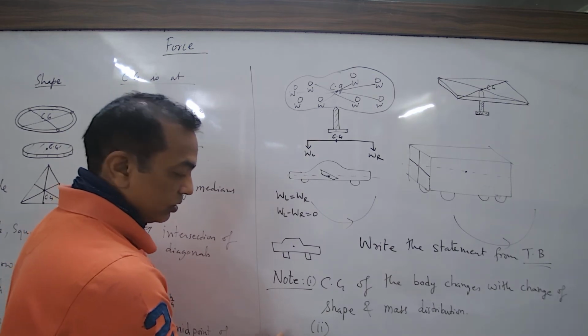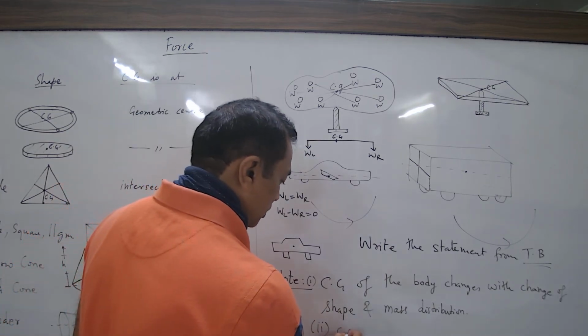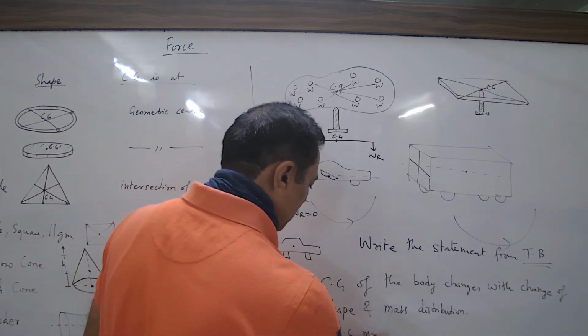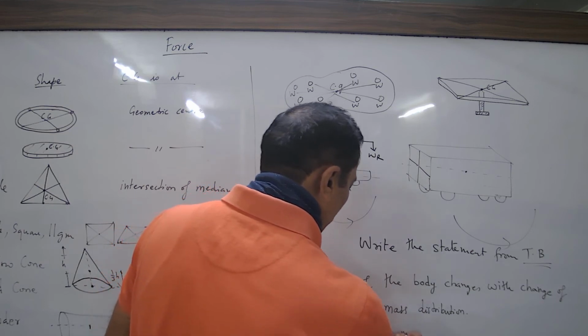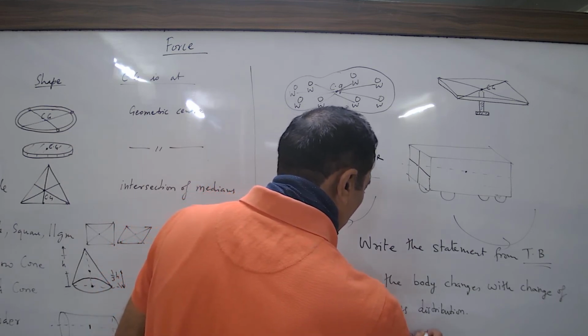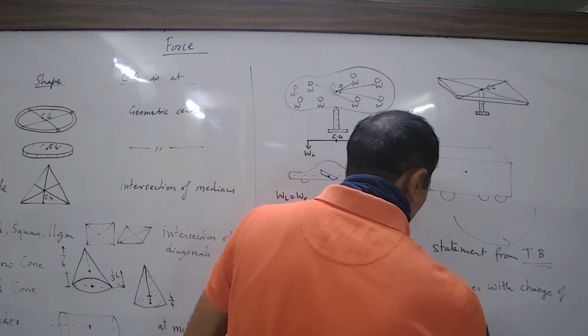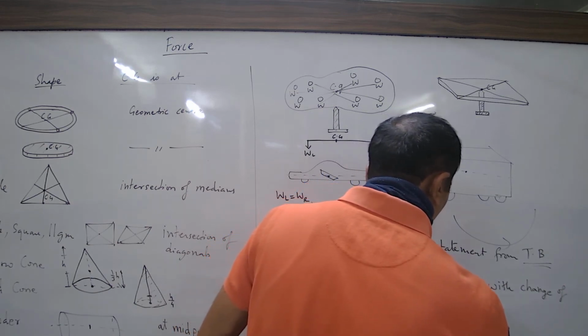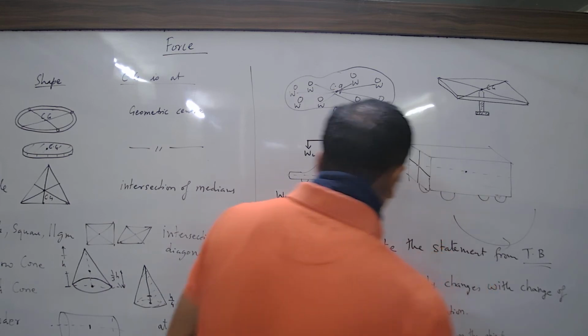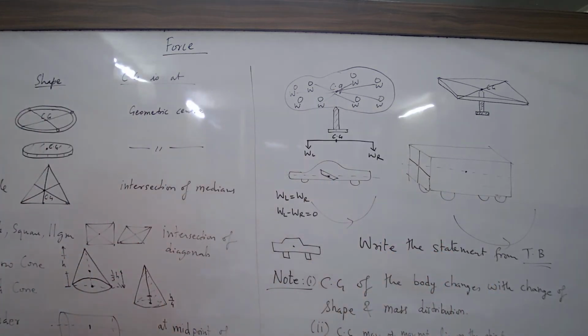So the second note here, I missed it. CG may or may not lie on the object. Like in case of ring, there is one more object I forgot. The solid and hollow sphere. Hollow or solid sphere.